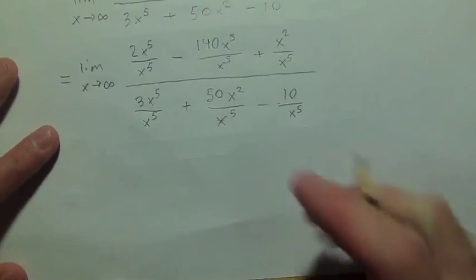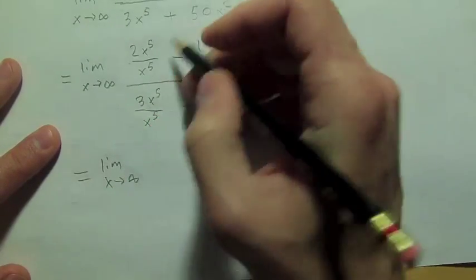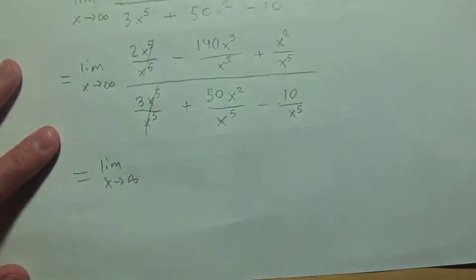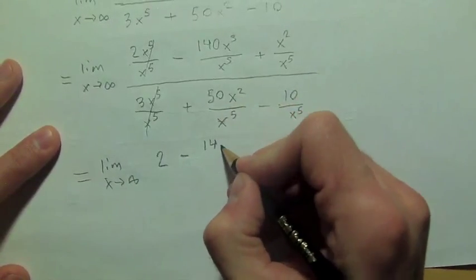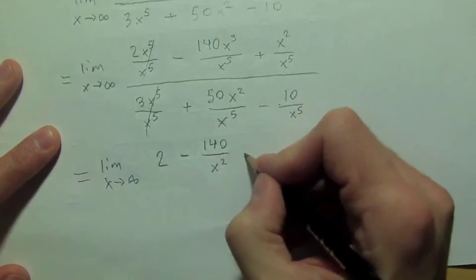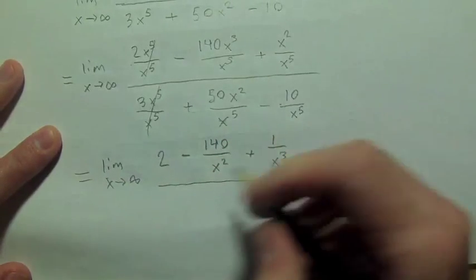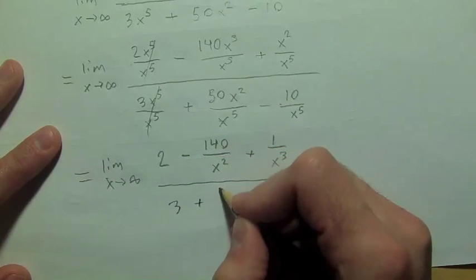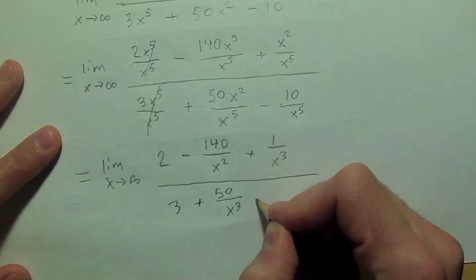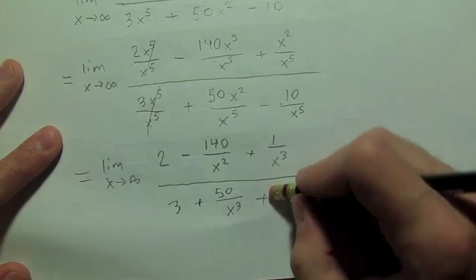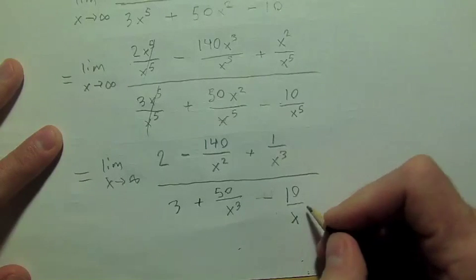And again, often I skip straight to this step, which is, well, those two are just going to cancel out directly to give us 2 minus 140 over x squared plus 1 over x cubed all over 3 plus 50 over x cubed minus 10 over x to the 5th.